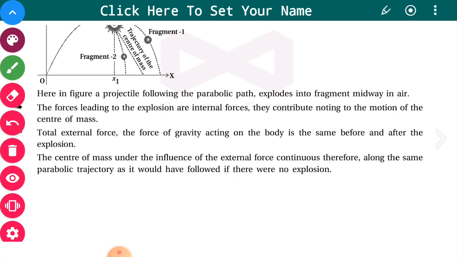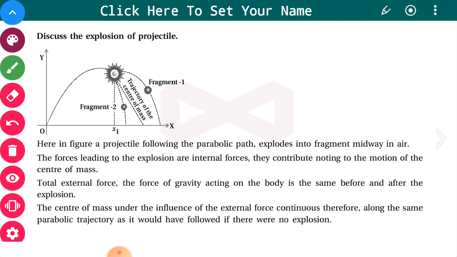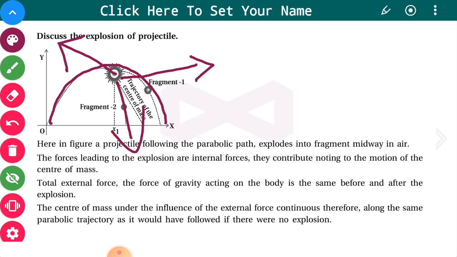The external force continues, therefore along the same parabolic trajectory it will move after the explosion also. Whichever way the fragments are moving, say one fragment is moving this side, the other this side, the third this side, the center of mass of these fragments will move on the same trajectory where it was moving earlier.